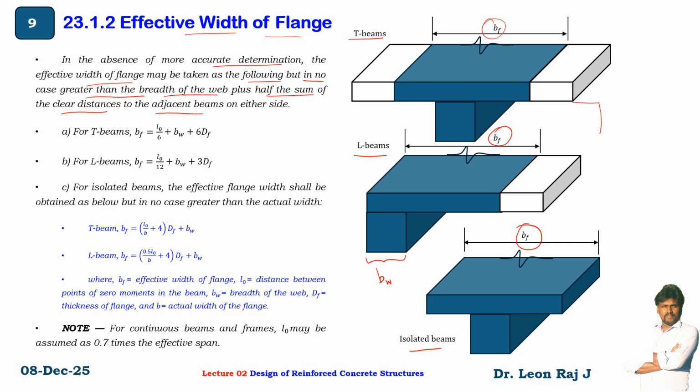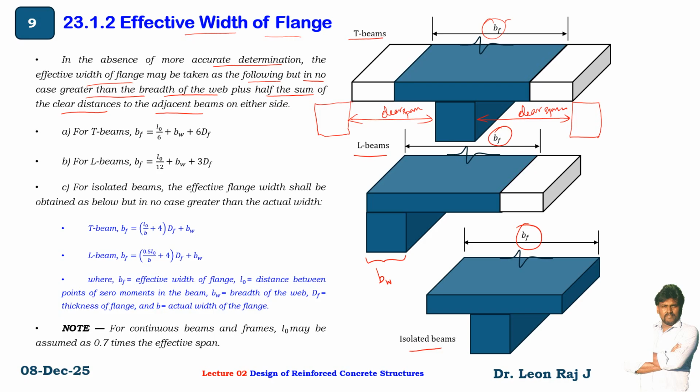Here also you will get one more beam. So this is a clear distance and this is also a clear distance. These two clear distances need to be added, the sum of clear distances, and divided by 2. That is the upper limit criteria for BF.